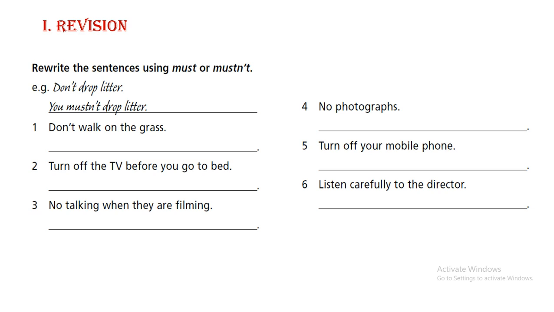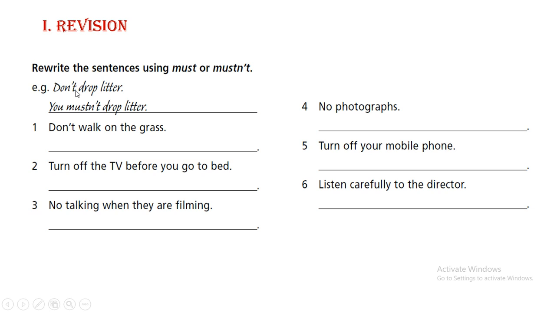But before we check that, we want to practice doing the exercise first. What you're going to do is rewrite the sentences using must or mustn't. As an example, "Don't drop litter."